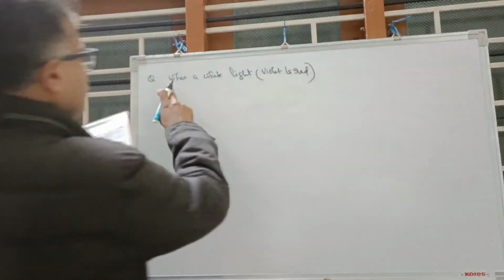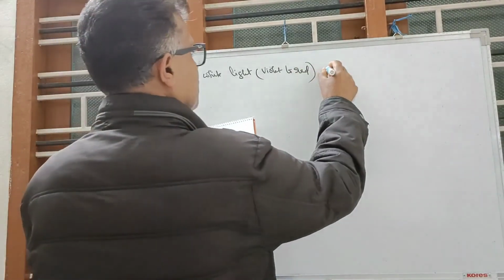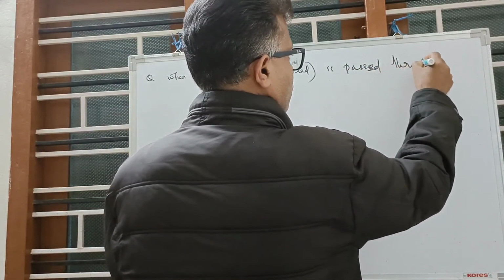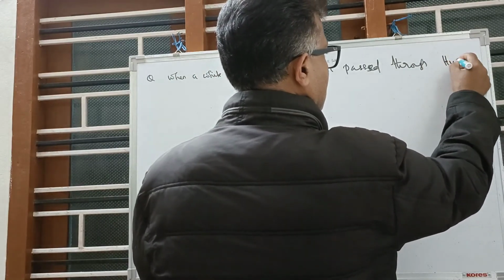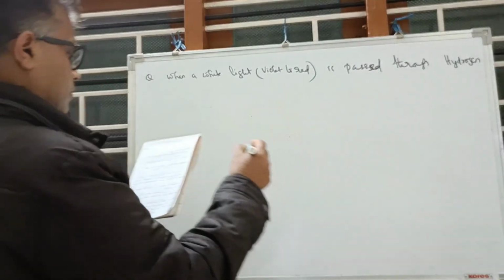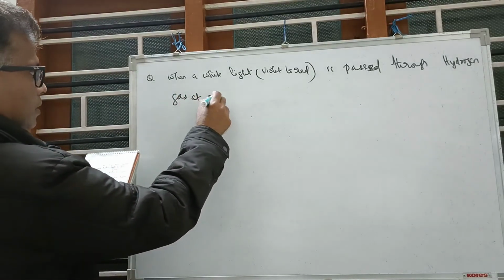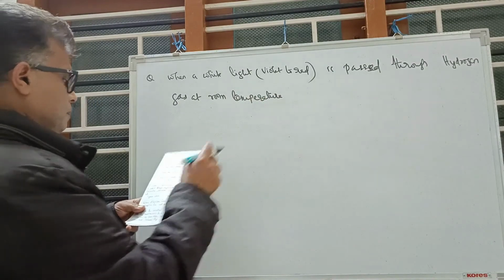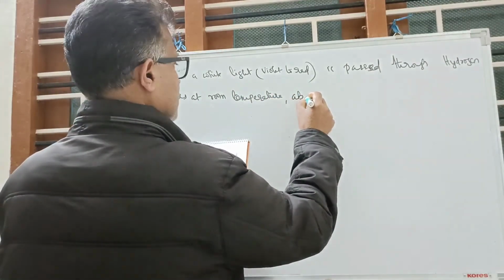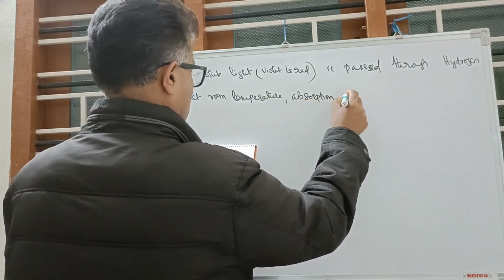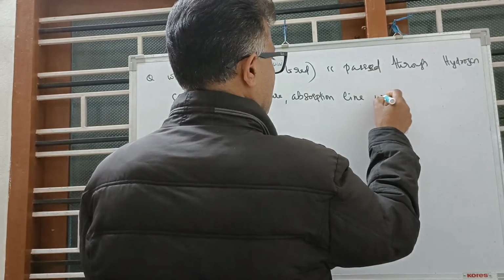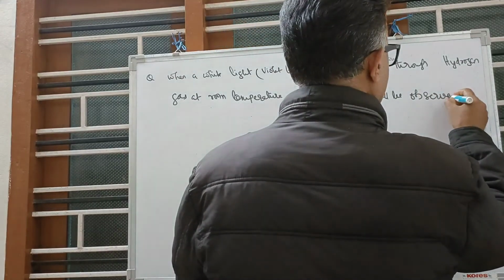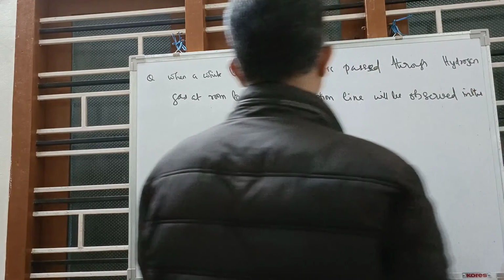Violet to red. When a white light, violet to red, is passed through hydrogen gas at room temperature, absorption lines will be observed in the... this is the question.